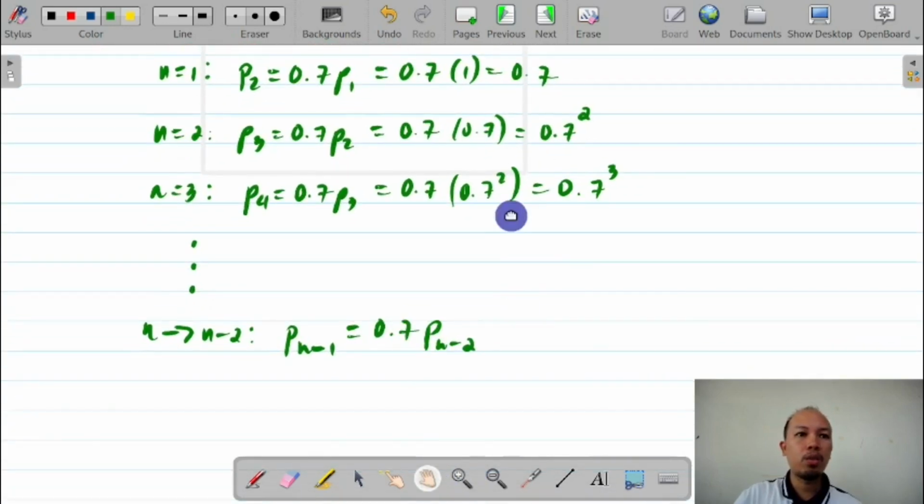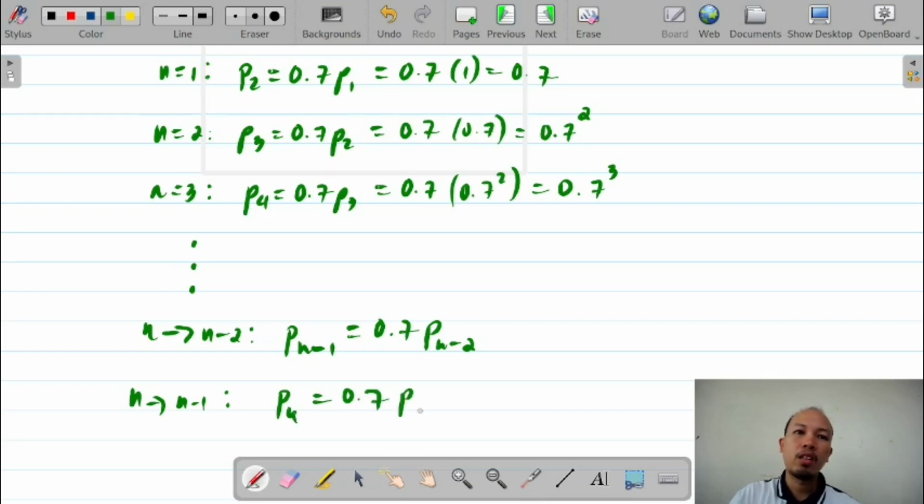So if we continue, replace n by n minus 1, this is p sub n, 0.7 p sub n minus 1.